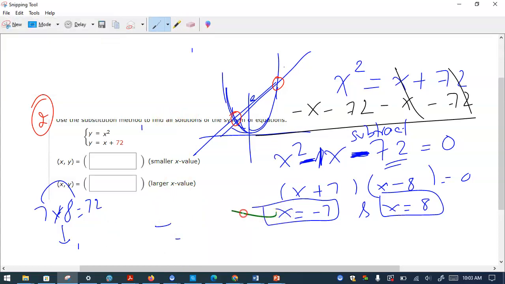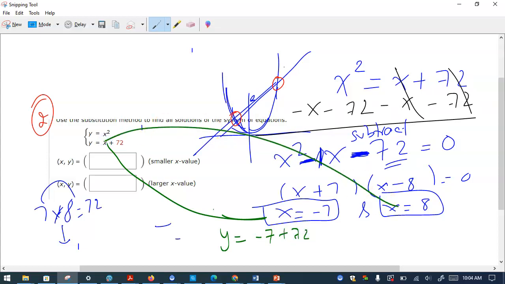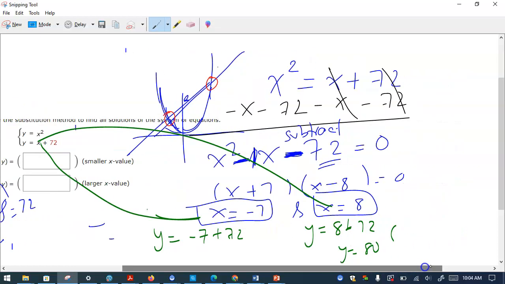So this x, if you replace here, you get y equals minus 7 plus 72. And if you replace this here, you get y equals 8 plus 72. So this will be 80. So the point here would be 8 and 80.